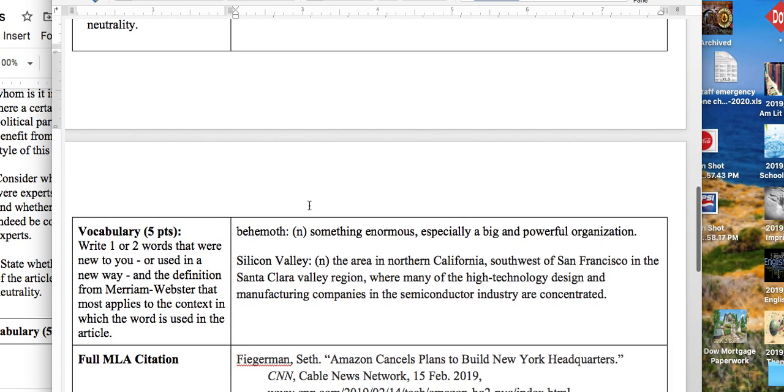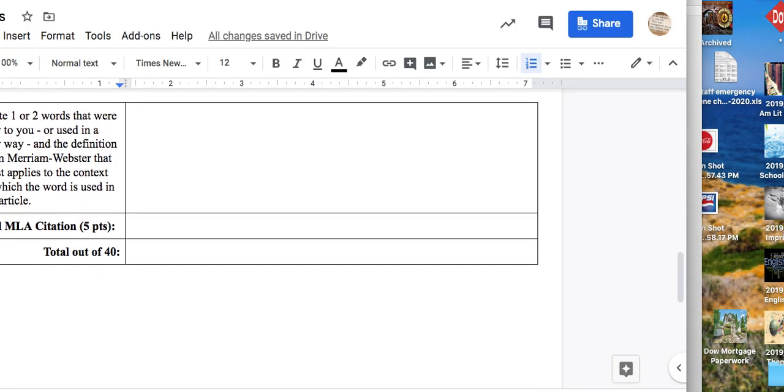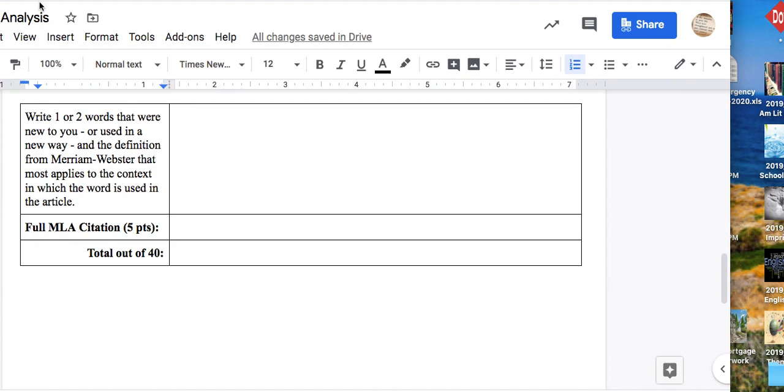All right, now our vocabulary, worth 5 points. You're going to write 1 or 2 words that are new to you or that are used in a new way, and the definition from Merriam-Webster that most applies to the content.